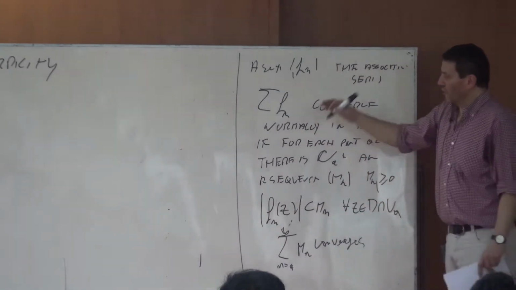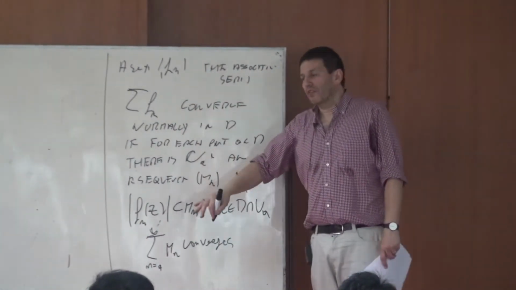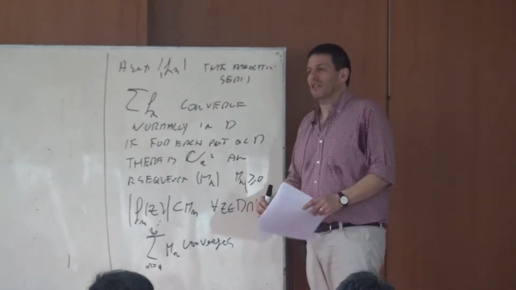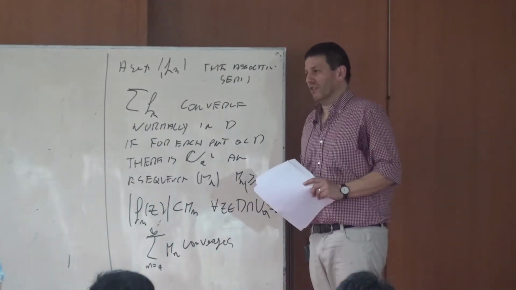So that's the normal convergence that we're going to use, because for things that are normally convergent, one can show that they are actually uniformly convergent.